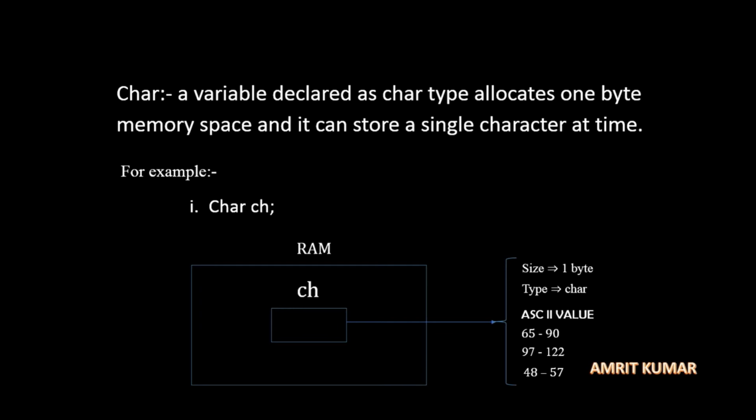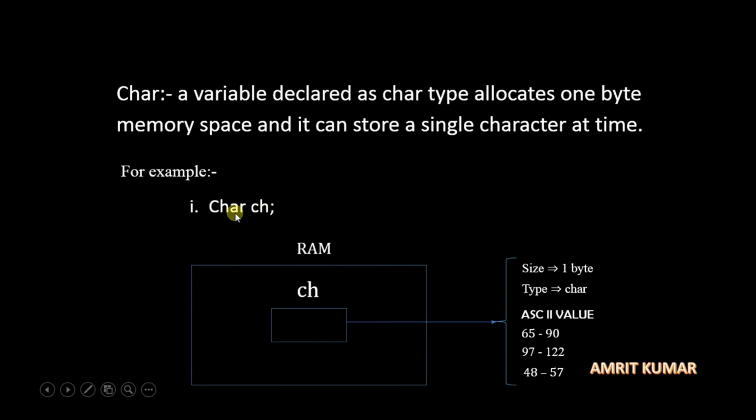Look at the example of how we create space in the RAM. Here you see char, which is the data type, and ch is the variable name. It might be ch, a, b, c, or anything used by the programmer. This is the data type, and this is the variable name.